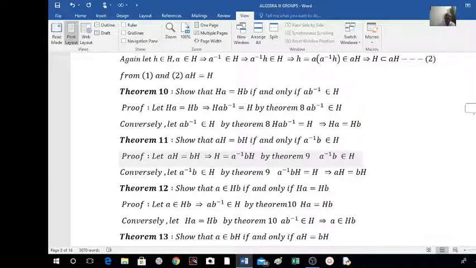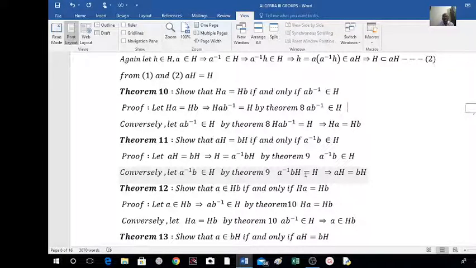Conversely, we can come in reverse order. Let A inverse B belong to H. Again by the theorem, A inverse B into H is equal to H. Now operating by A on the left on both sides, A times A inverse becomes E, then EB equals B, so BH. On the right side, operating by A gives AH.